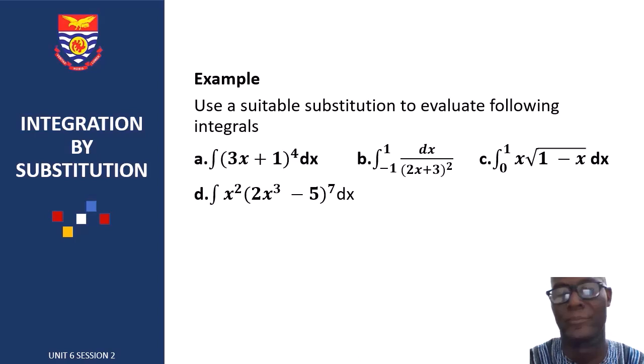C. The integral, the lower limit 0, upper limit 1, x root (1 - x) dx. D. The integral of x squared times (2x^3 - 5)^7 dx.